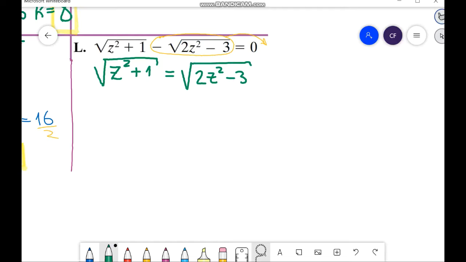Right? Now apply the square on both sides, because we can get rid of the square roots by simplifying, and the result is going to be z squared plus 1 equals 2z squared minus 3.